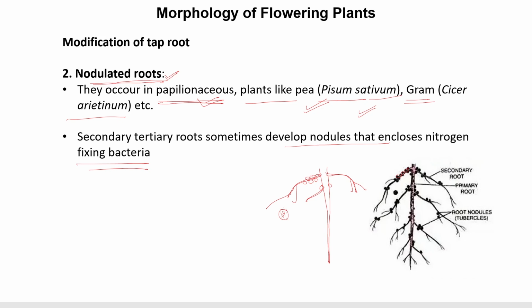So, they contain nitrogen fixing bacteria. For example, Rhizobium. It fixes the atmospheric nitrogen and makes it available to the plants. So, they are nodulated roots.